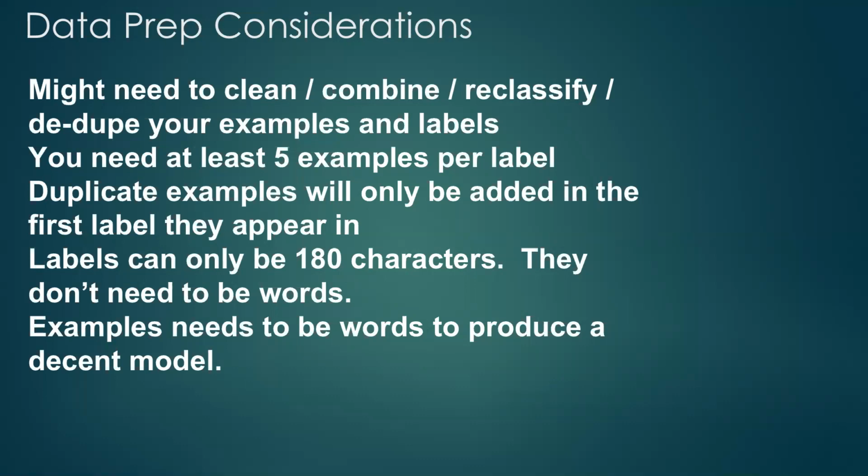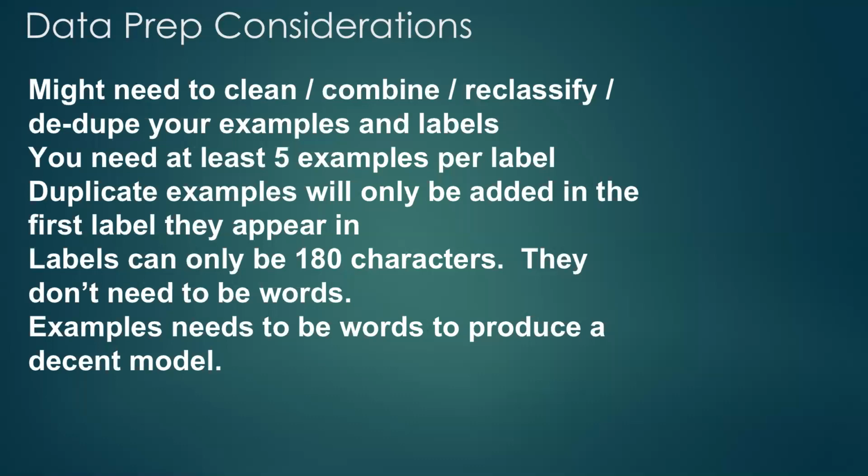The problem with that is that might make some of your labels drop below the 5 examples per label because those were duplicates. So what you need to do beforehand is run a pass on your data, deduplicate your examples, and perhaps throw out any labels that have fewer than 5 examples. Otherwise, Einstein will give you an error.